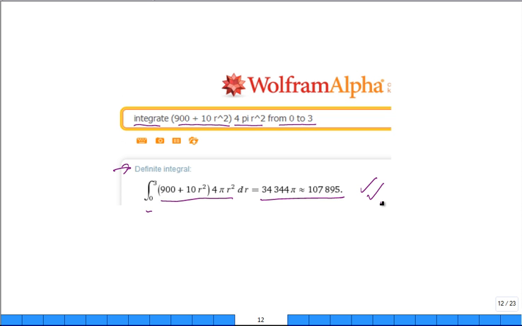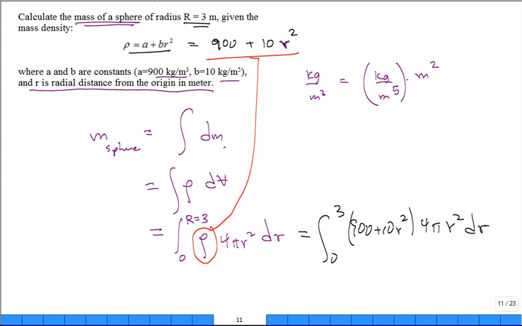Okay. Somebody says, I'm an engineer, I really don't want to do integrals like this. I go back to this problem and I say, why don't I just take rho average times the volume of a sphere of radius 3, which is 4/3 pi r cubed. That's the volume. What's the average? Well, let's see.